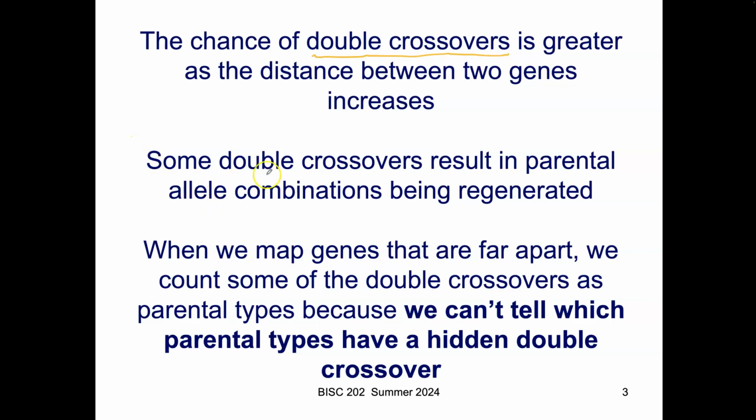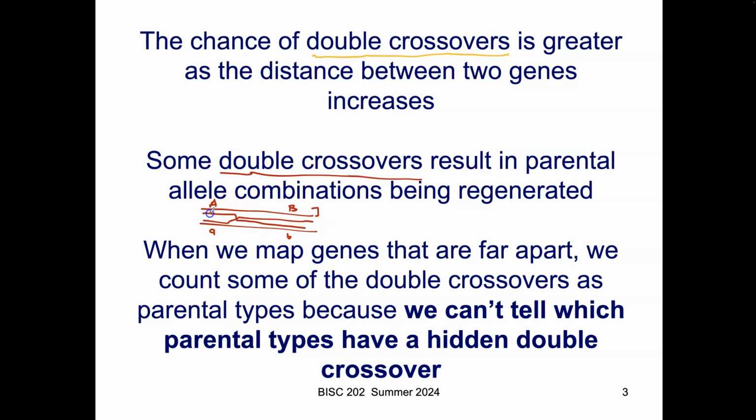But the thing about double crossovers is if 2 crossovers occur between 2 genes, in some cases, depending on how that goes, if we are mapping, for example, the A and the B genes, and the parental combination is the two dominants or the two recessives.